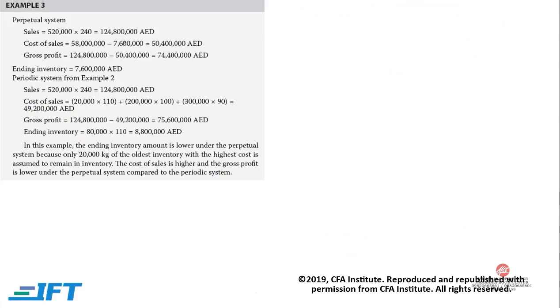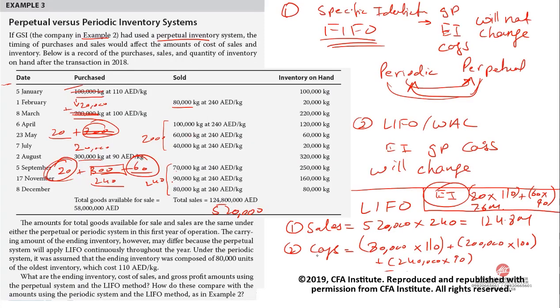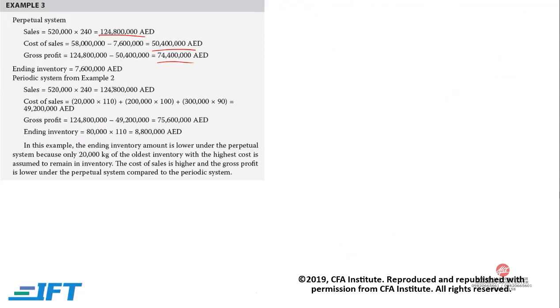Now as we have shown, total sales remain the same, our cost of goods sold is 50.4 and our gross profit 74.4 million. So our cost of goods sold was 50.4, gross profit was 74.4 million, ending inventory is 7.6 million.